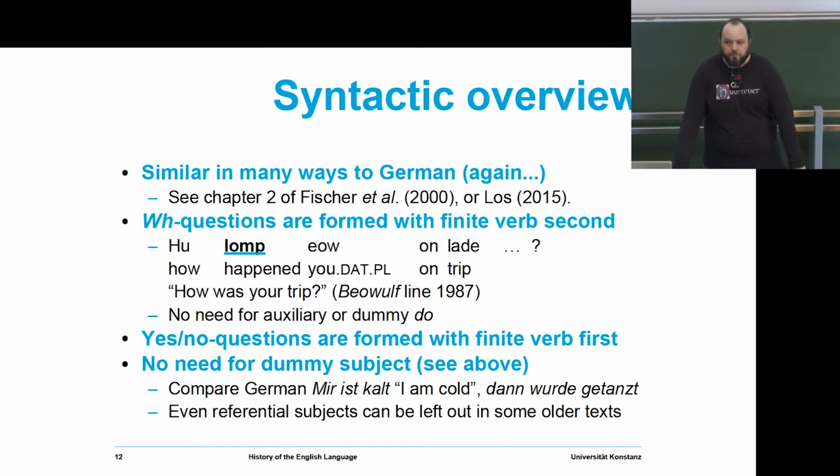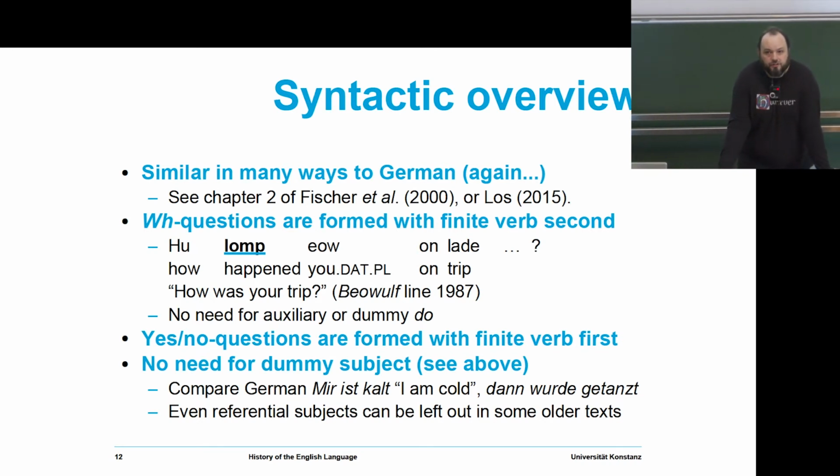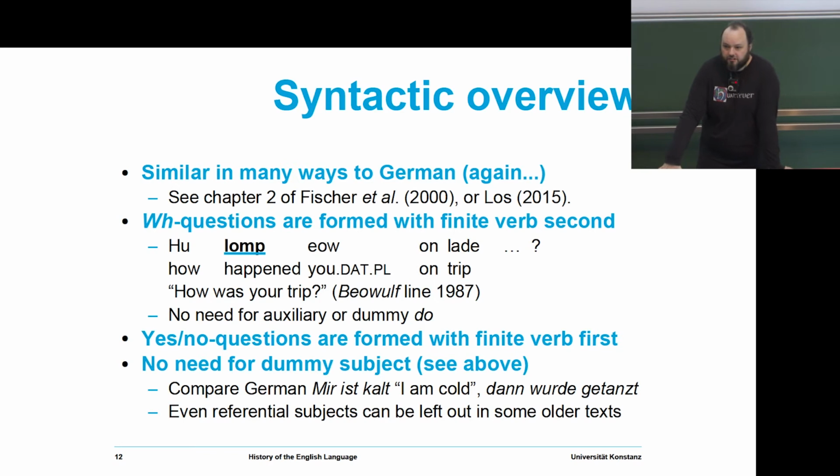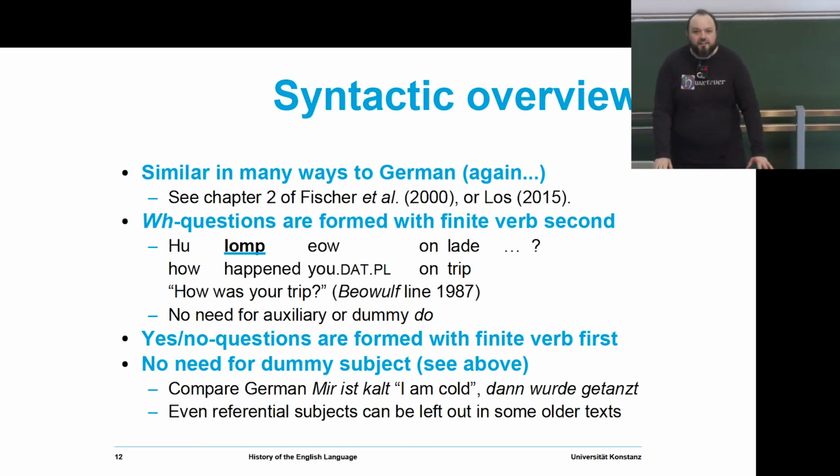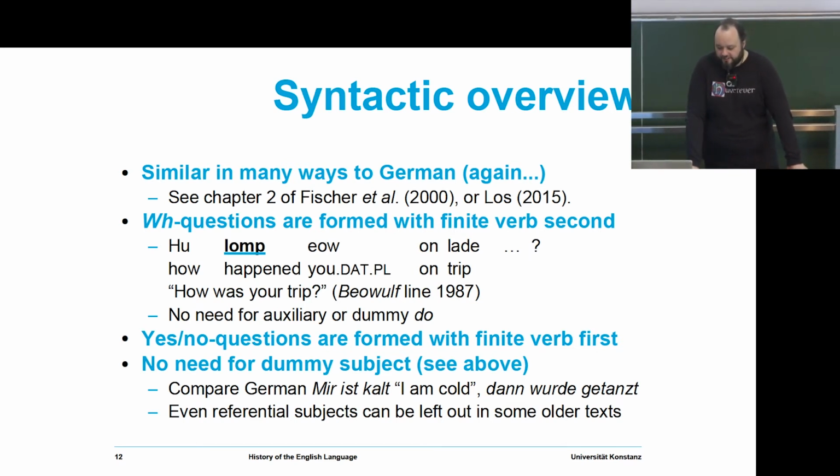You've got an adverb, dann, then you've got wurde, which is an auxiliary, and then you've got your participle, but there is no subject anywhere here. So German doesn't really care about expressing its subjects as much as English does. And Old English, once again, is like German. So Old English doesn't need to have an overt subject.